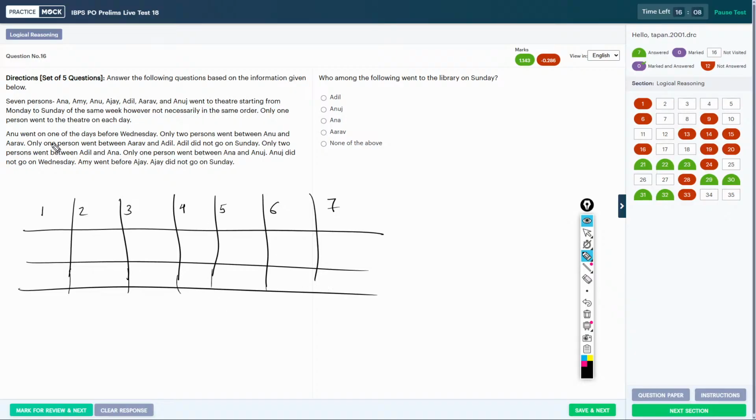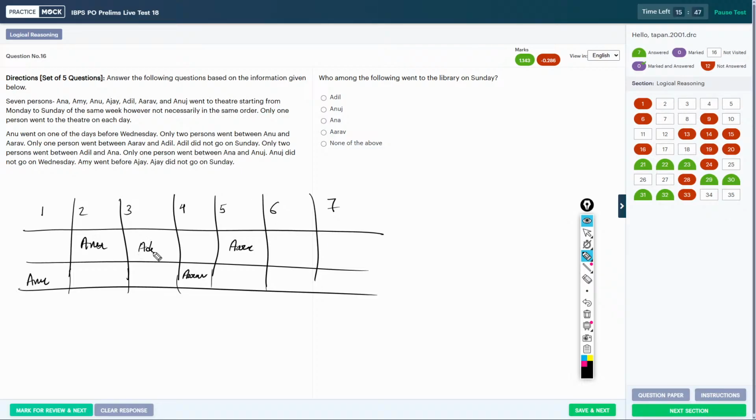Okay, so Anu went on one of the days before Wednesday. Only 2% between Anu and Arav. Only 1% between Arav and Adil. Adil did not go on Sunday.